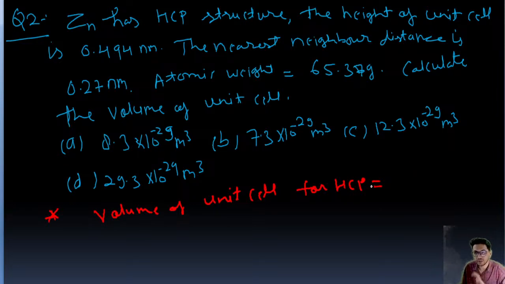So the volume of unit cell is 3 root 2 a cube. As we know, the volume of unit cell for a simple cubic structure is a cube. Similarly, the volume of unit cell for HCP is this, and both you need to note down. The second you know already.